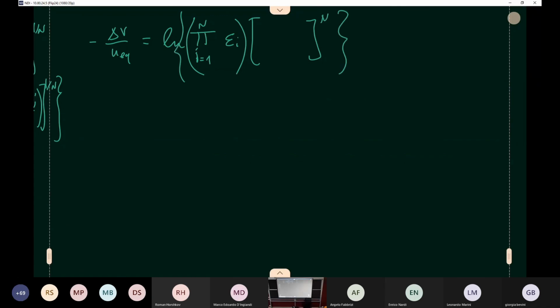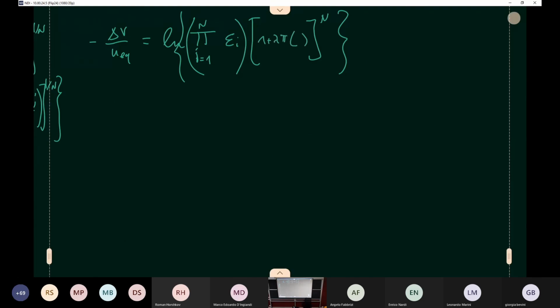Of course, this term in square brackets is the one that was before under the sign of logarithm. So from here we had 1 plus lambda product, and so on.